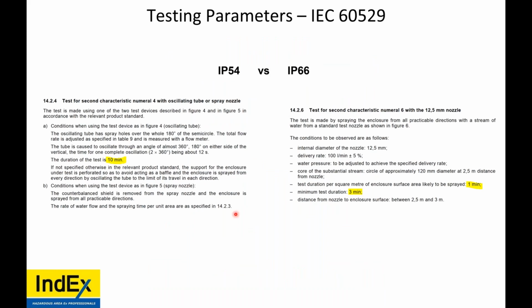Okay, testing parameters. IP54 versus IP66. Now the IP54 test, which is rain splashing water, is a 10-minute test. But the IP66 test is a 3-minute only test. Now, who here actually believes it only rains for 3 minutes?